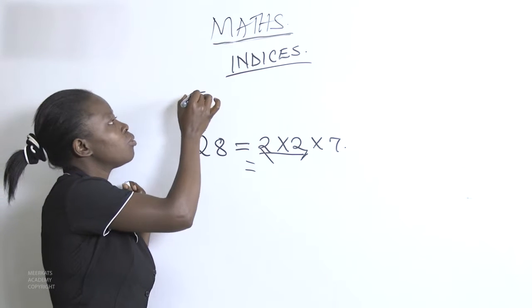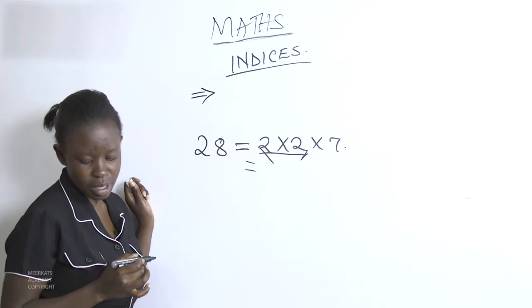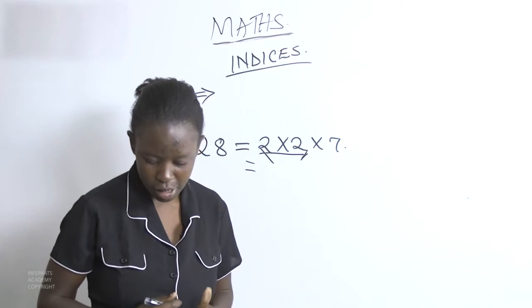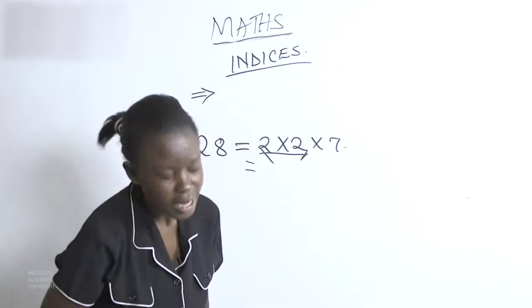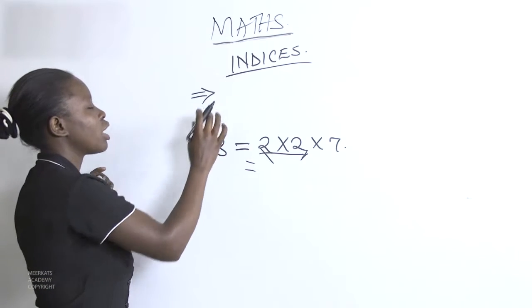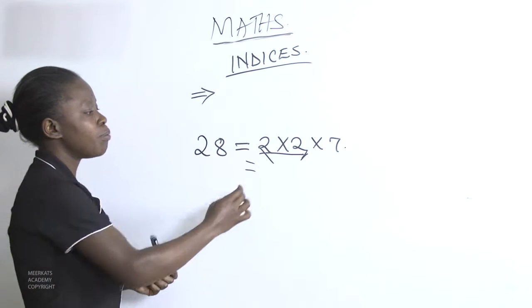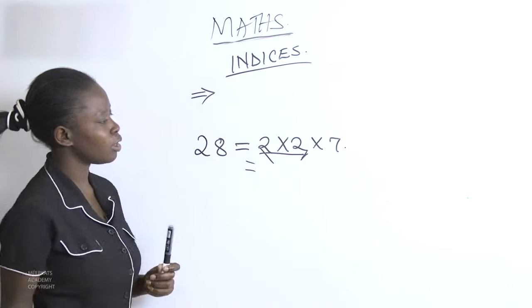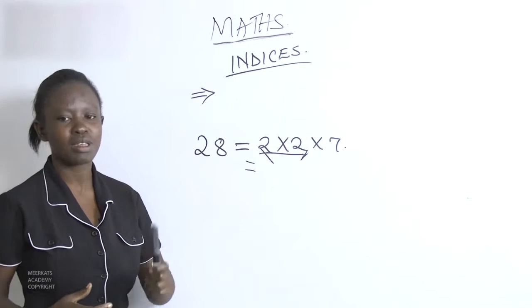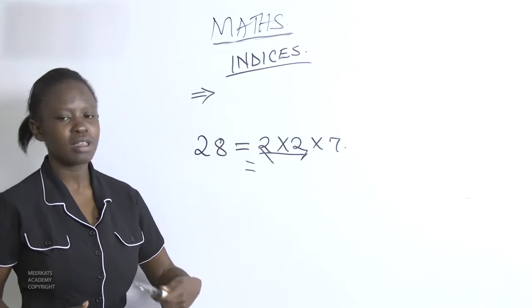What do we mean by index form? When we are talking about index notation, we are simply referring to a number that is repeated, a prime number occurring repeatedly, or a number, not necessarily prime, that is repeating itself.